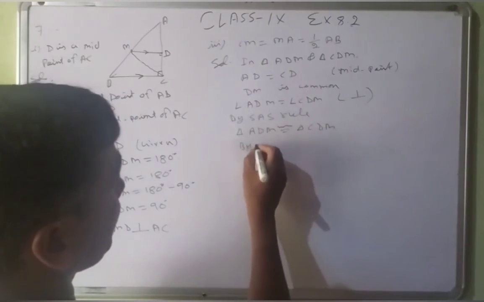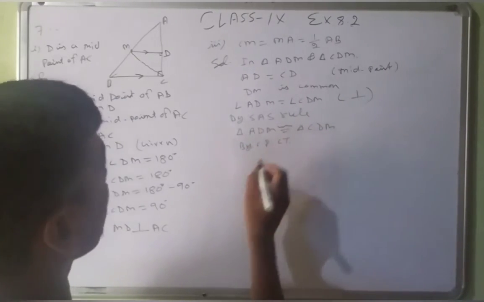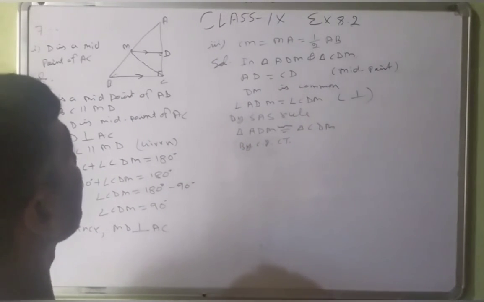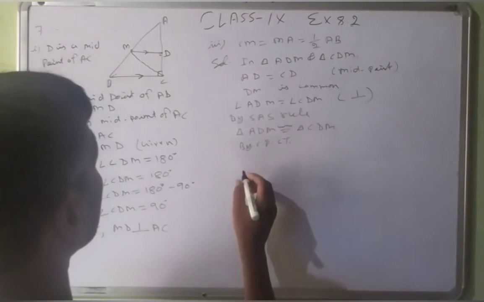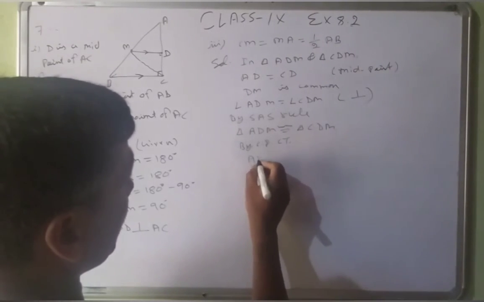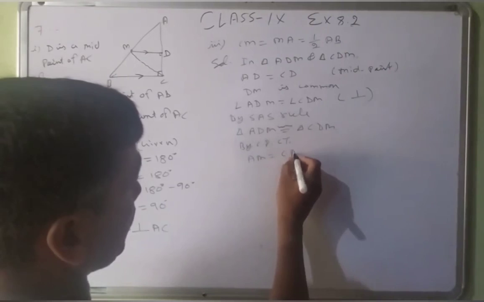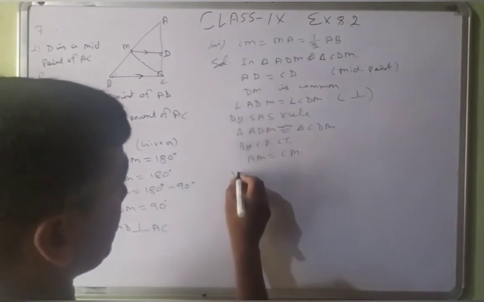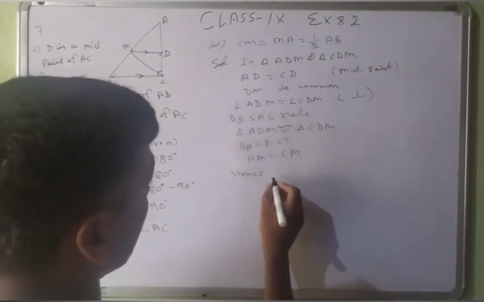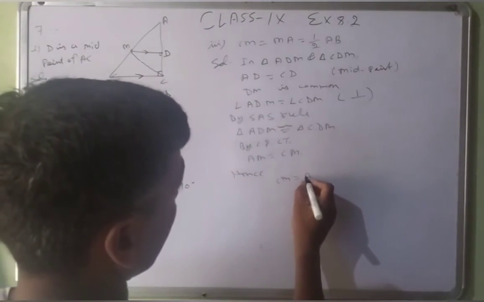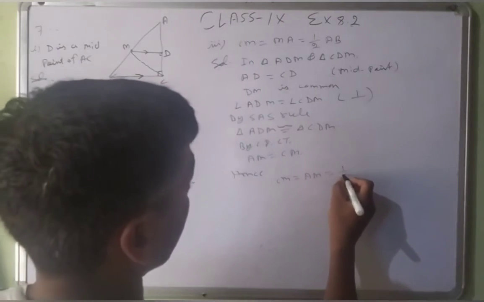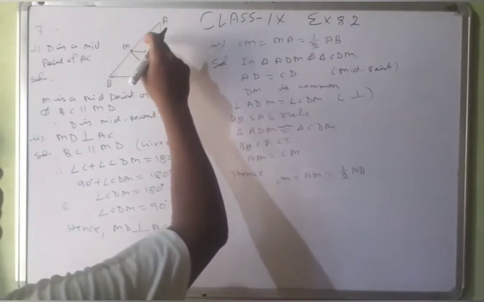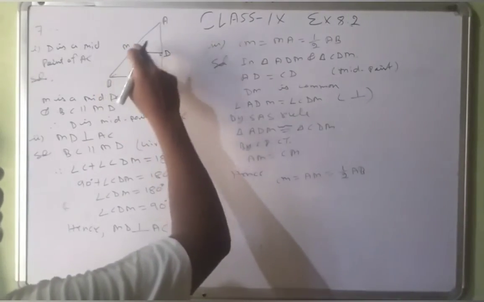So by CPCT, AM is equal to CM. Hence CM is equal to AM is equal to half of AB, because AB is double AM.